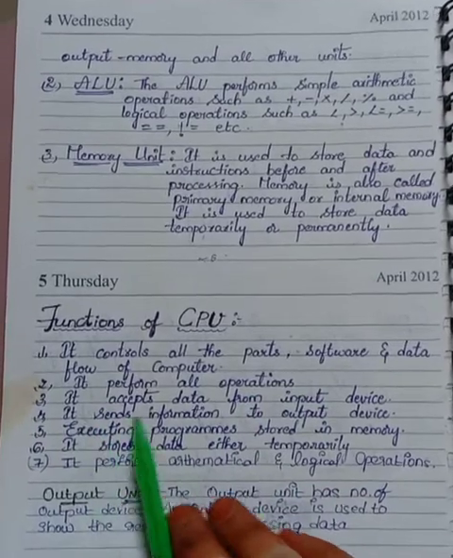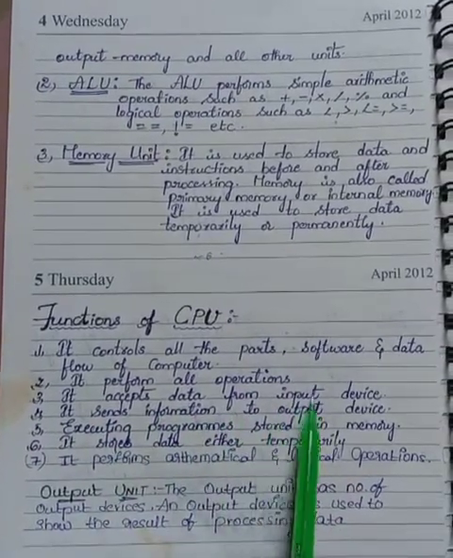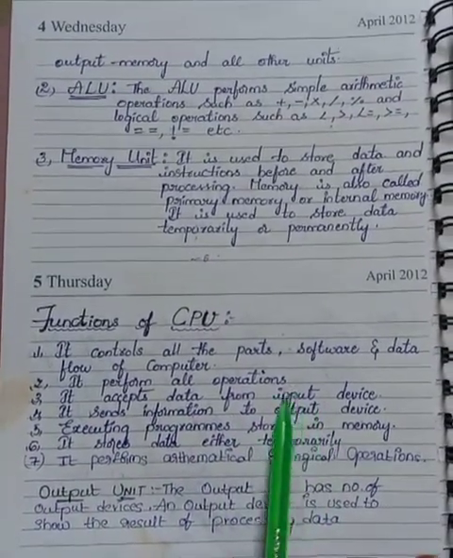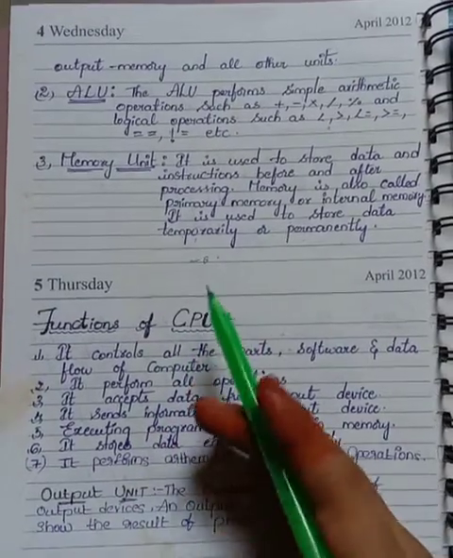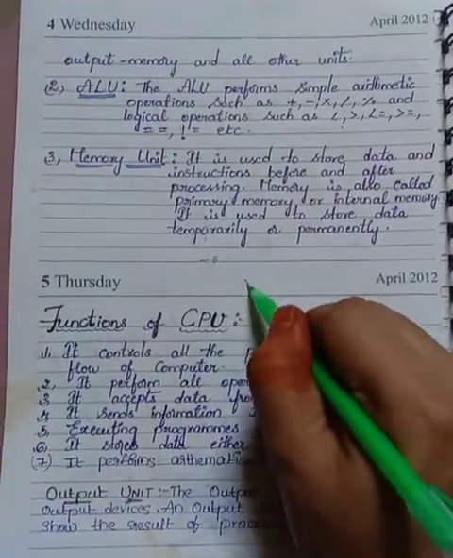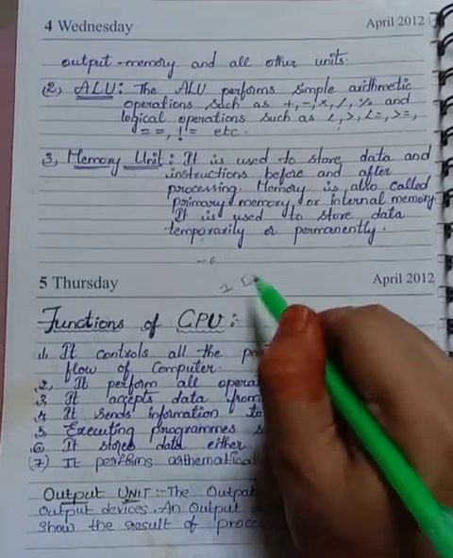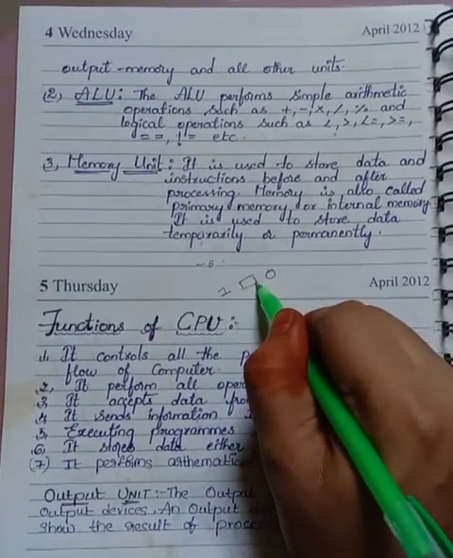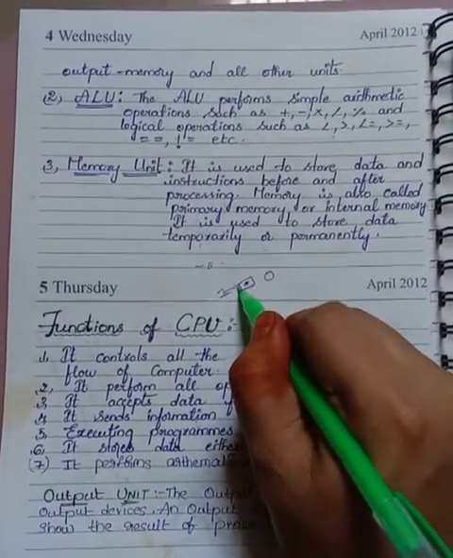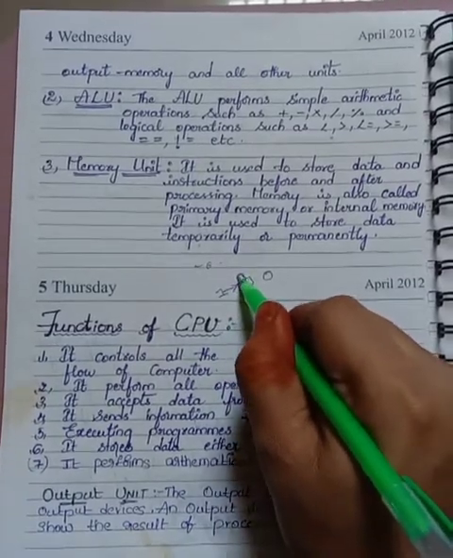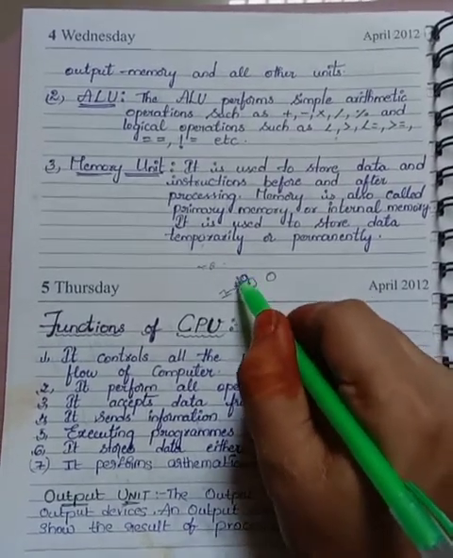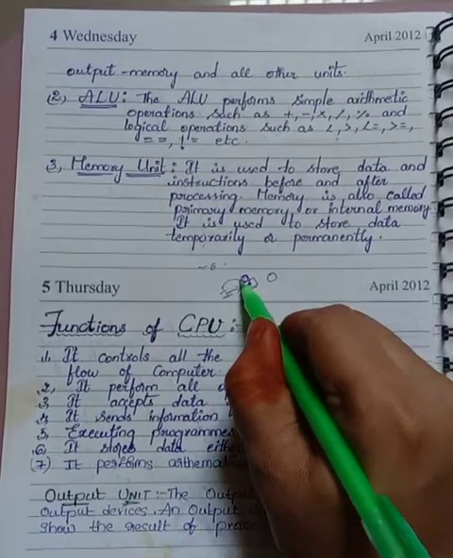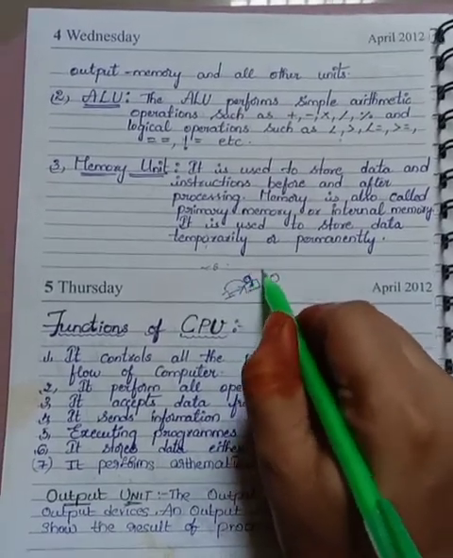In the third point, it accepts data from the input device. It is an important point. As we said before, the CPU acts as a middle part between the input and the output. What does the CPU do? It accepts the data from the input device and does some operations as required by the inputter, means the user, and gives output.